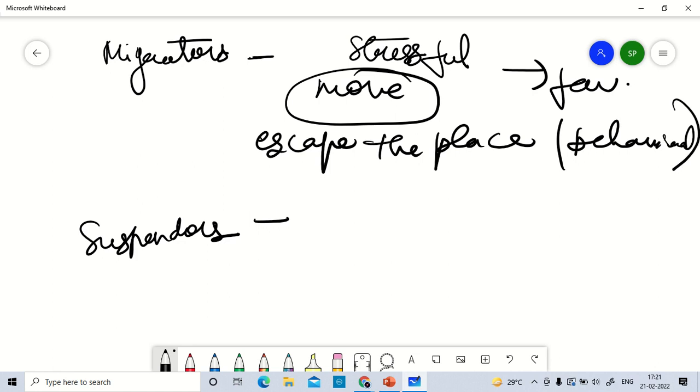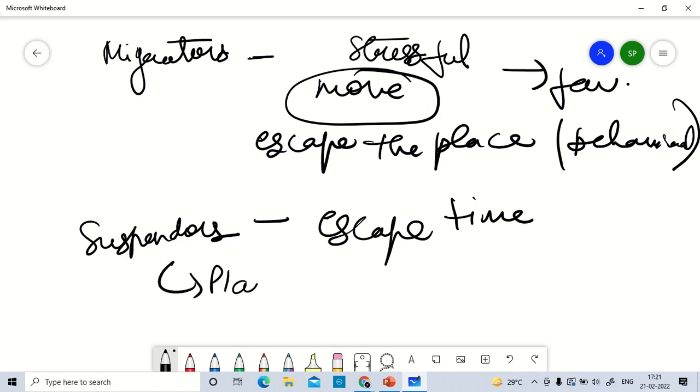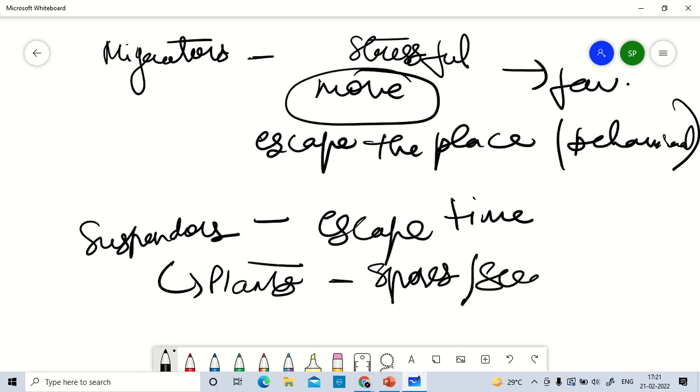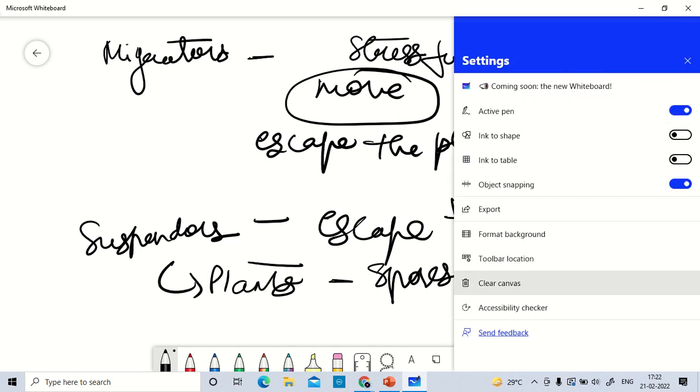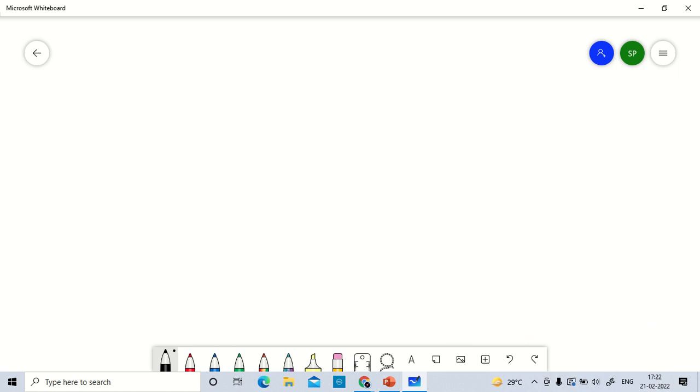Now here they escape time. In suspenders, when I come to plants, there are thick-walled spores, then seeds, then other vegetative reproductive structures. When I come to animals, we know that bears undergo hibernation. We know snails and some fishes undergo estivation.